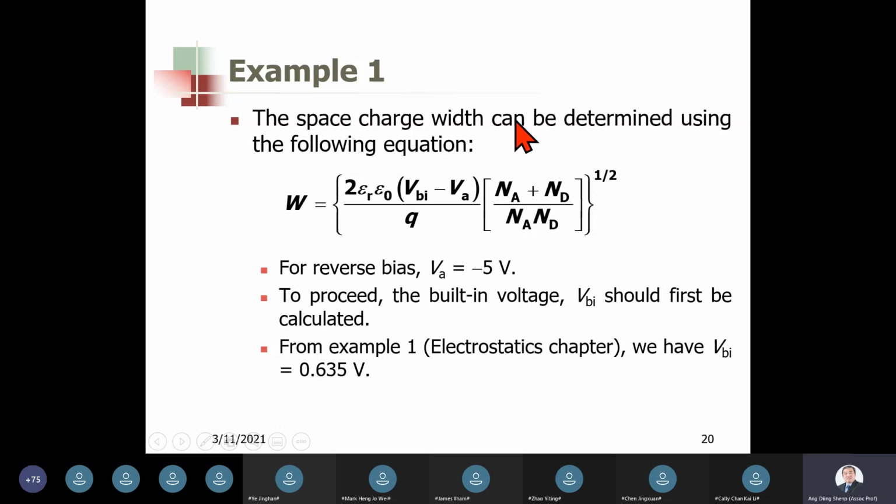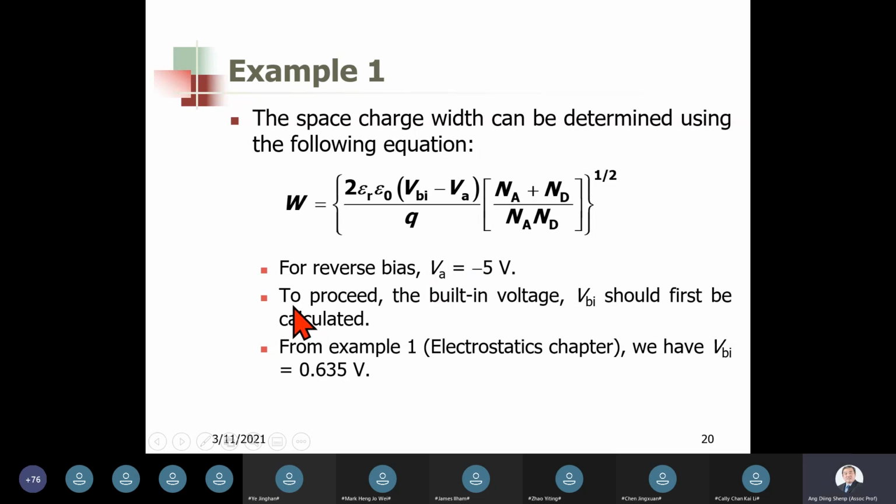So under an external applied voltage, the depletion width equation has to be modified by replacing the VBI with VBI minus VA. The rest of the terms are unchanged because they are usually constants. So only the voltage term here is changed. For a reverse bias of 5 volts, VA is minus 5 volts, based on the way we define VA.